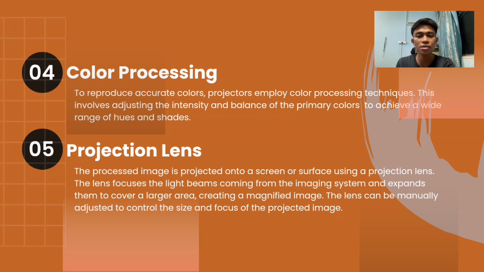The processed image is projected onto a screen or surface using a projection lens. The lens focuses the light beams coming from the imaging system and expands them to cover a larger area, creating a magnified image. The lens can be manually adjusted to control the size and focus of the projected image.